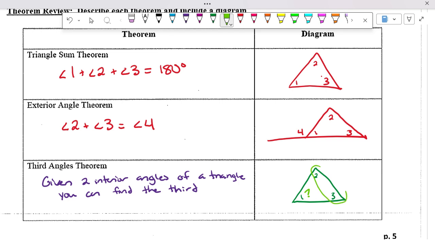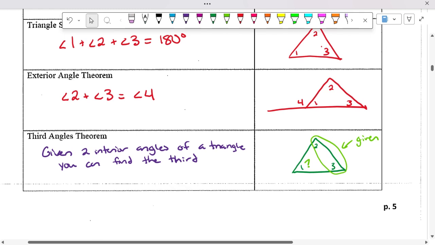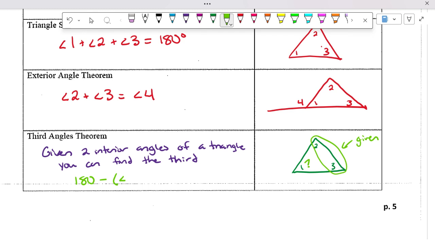These were the two that we were given. All that means is that you would take 180 and subtract the sum of angle 2 and angle 3, and that'll give you the measure of angle 1. So it's basically the reverse of triangle sum theorem. It's what we already use when we're doing triangle sum theorem.